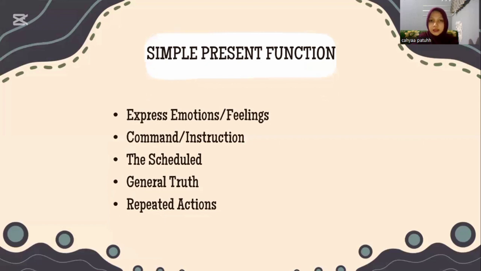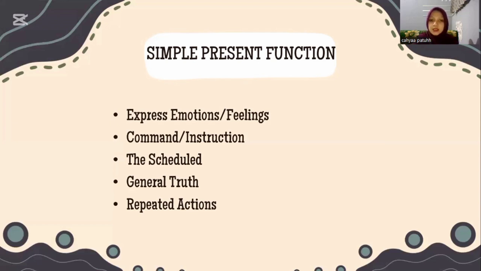The next slide is about simple present function. First, express emotion or feelings. The examples: I like spicy food, I'm happy today, and I hate you. Second, command or instruction. The examples: open the door please and clean your room now.